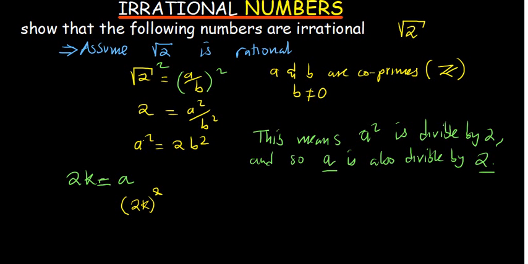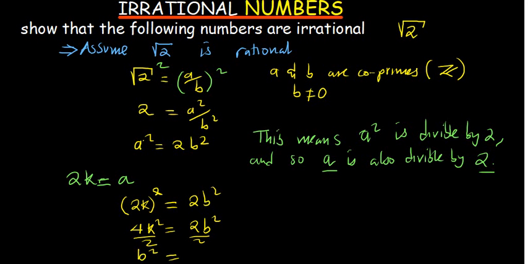It is 2 squared times k squared, and this is equal to 2b squared. Divide both sides by 2. This gives us b squared being equal to 2 times k squared. For us to get b squared, we are multiplying k squared by 2.